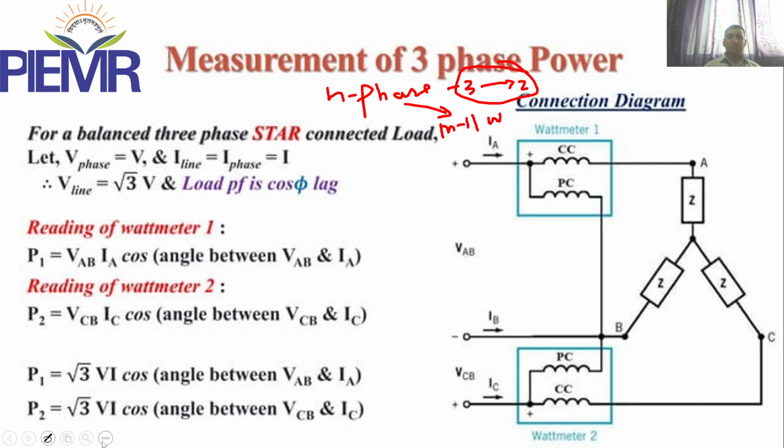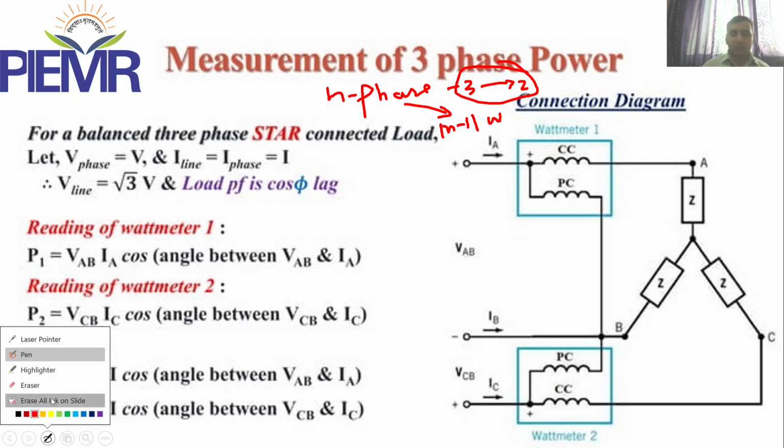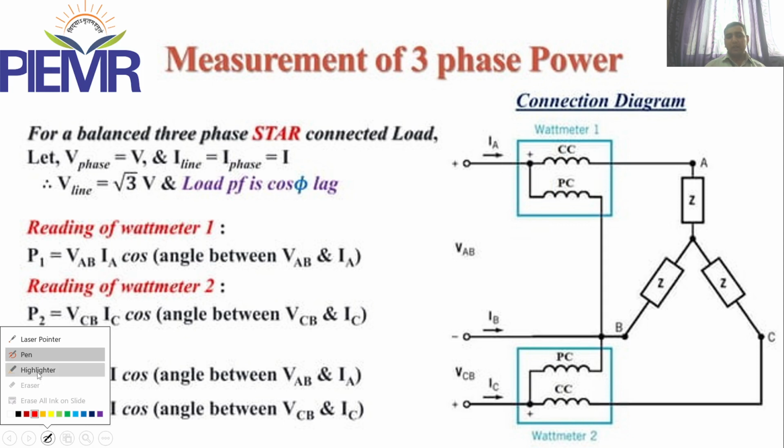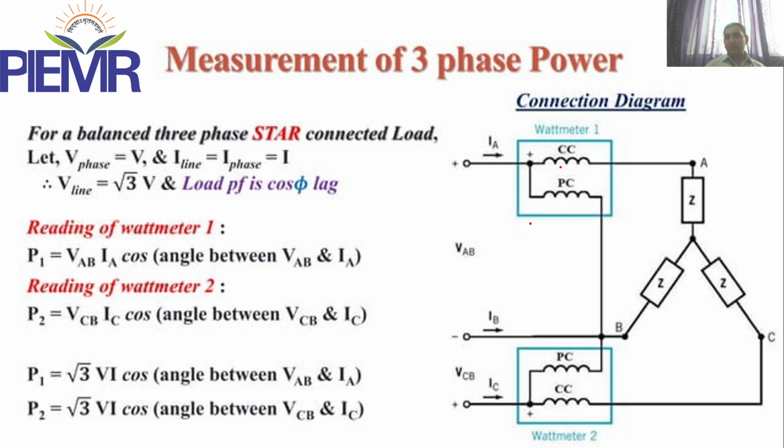In this particular method, we use 2 wattmeters to measure the 3-phase power. These 2 wattmeters are connected such that wattmeter 1, W1, has its current coil carrying the current IA, while wattmeter 2 has its current coil carrying the current IC.